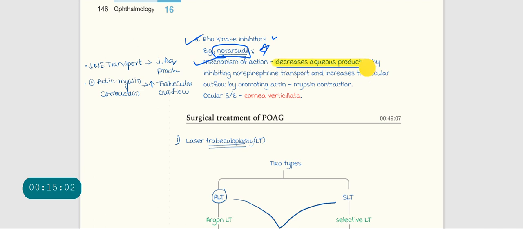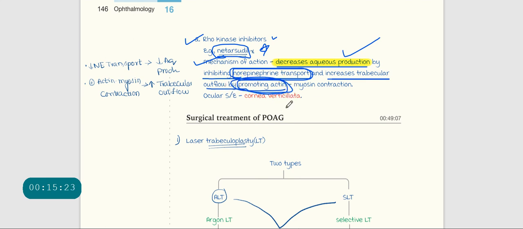This decreased aqueous production is by inhibiting norepinephrine transport, and increasing the trabecular outflow by promoting actin depolymerization, and there would be a myosin relaxation over here.